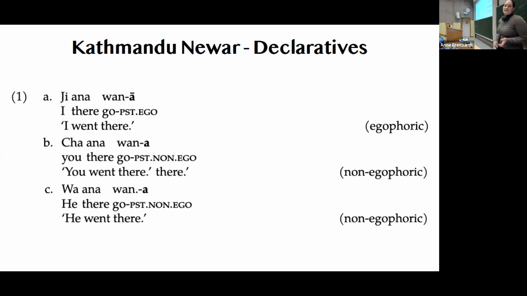Whereas if you say something like you went there or he went there, you wouldn't use that long A, but you would use a short A. So it's not a huge difference in this particular verb form. I just want to emphasize this as well, because it means that doing fieldwork and trying to hear the distinction is not easy.